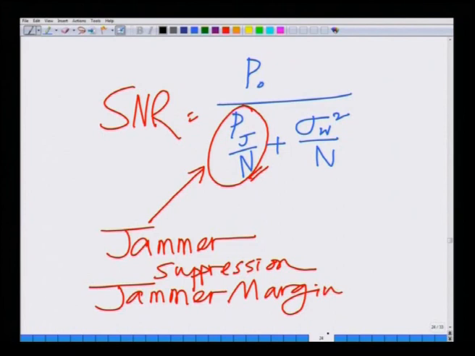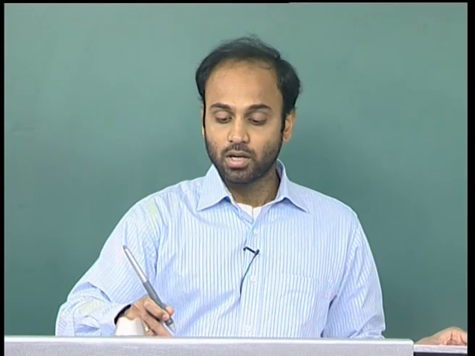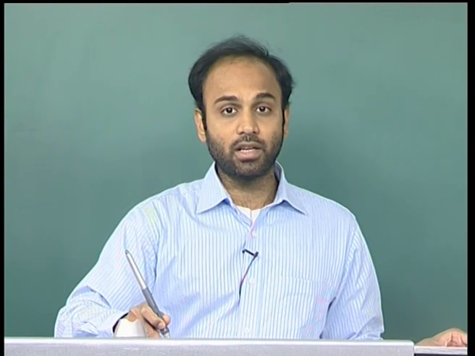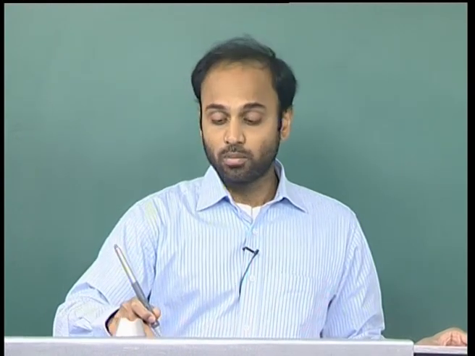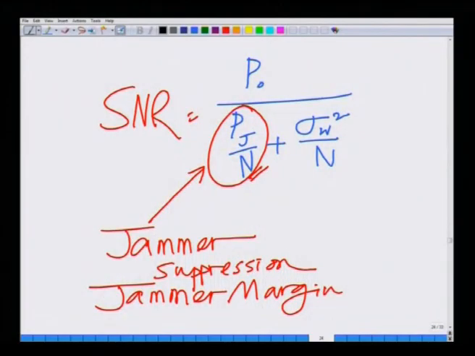The other thing we said in the last lecture is that we started with what are the advantages of CDMA compared to other communication multiple access schemes. We said that CDMA is very robust to jamming, because if there is a jammer who is trying to jam your communication system with power Pj, that is the huge power of the jammer, then in CDMA that power of the jammer is suppressed by a factor of n.